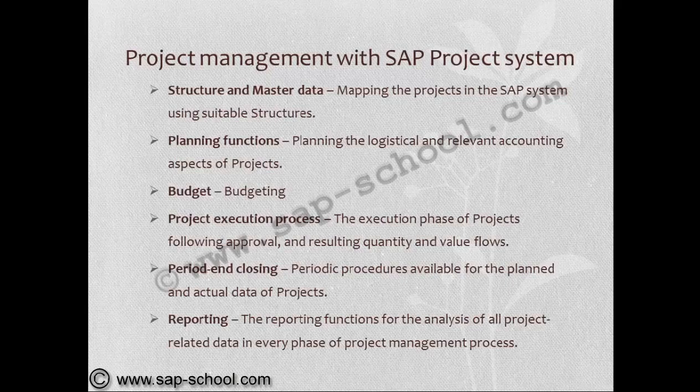Period and closing: periodic procedures available for the planned and actual data of projects. Reporting: the reporting functions for the analysis of all project-related data in every phase of the project management process. So these phases involve the entire life cycle of project management.